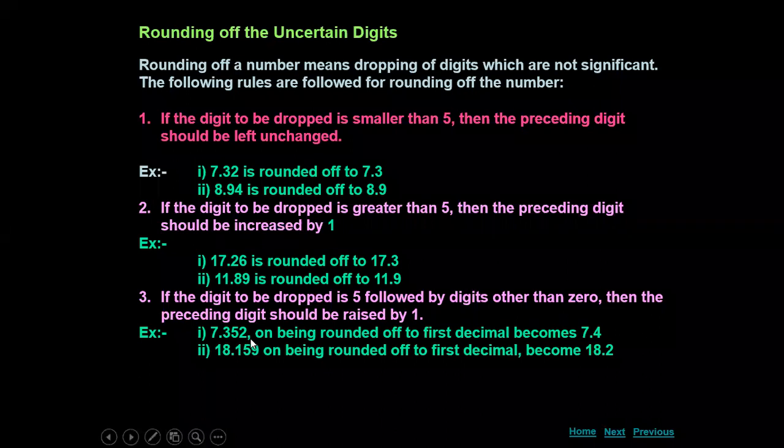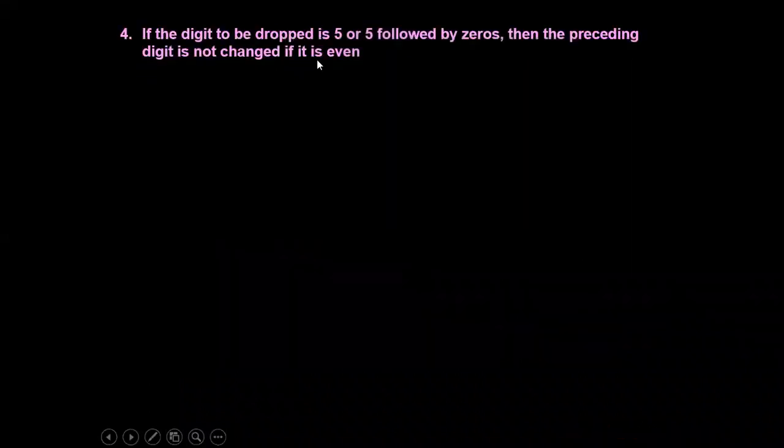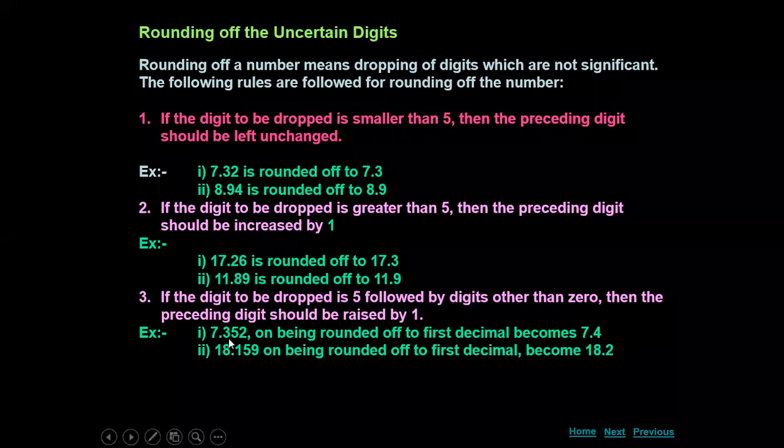Okay. Next, in this 5, if the following digit, in place of whatever 2 and 9 are there, is a 0, what happens? We'll see. If the digit to be dropped is 5, or 5 followed by zeros, here we should be careful. Here we have spoken about a non-zero digit after 5. If there is no digit after 5, that also we have to see, and if there is a 0 after it, that also we have to see.